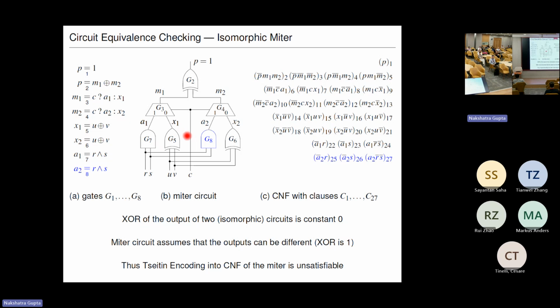Some people in the past took the effort of trying to get back from the CNF to this circuit. But if the circuit is really required to be cycle-free, it's a very hard problem to extract a DAG from a CNF.